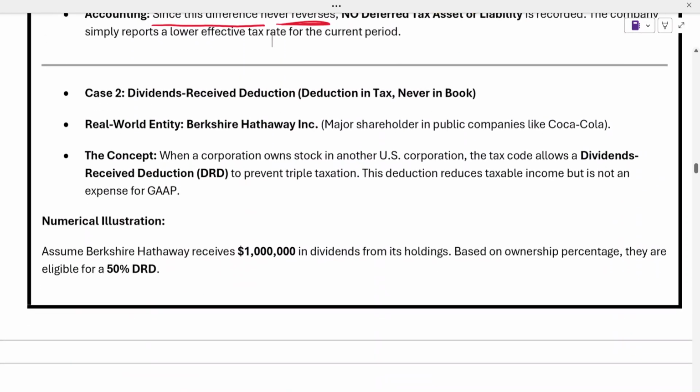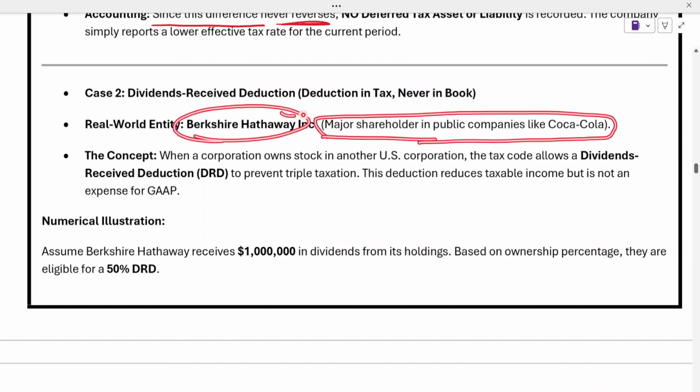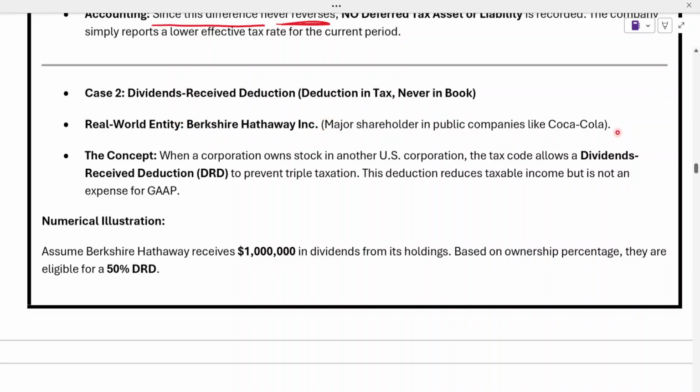Let's see another example of permanent difference, dividends, wherein this company Berkshire Hathaway is a major shareholder in public companies like Coca-Cola and others. So Berkshire Hathaway has invested their money in many companies.